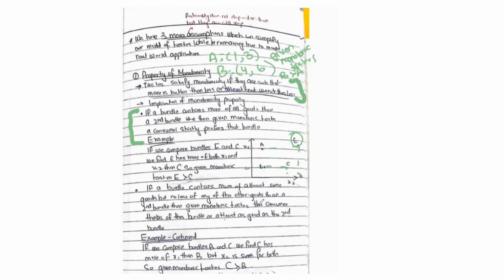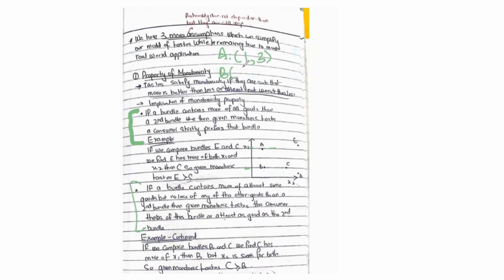What if a bundle contains more of at least some goods, but no less of any of the other goods than a second bundle? Let's compare these two bundles. We have bundle A again, which has 1 unit of good 1 and 3 units of good 2.